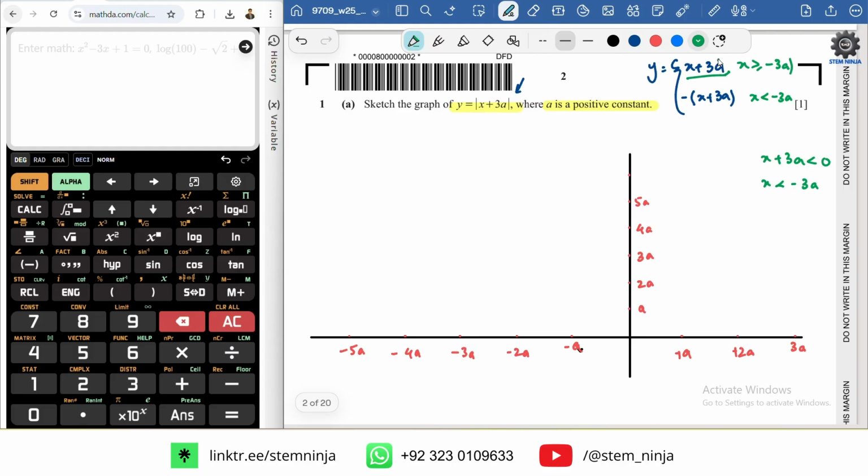This graph, you see 3a is also our y-intercept. Okay, so 3a is also our y-intercept and the x-intercept. So this will go like this.